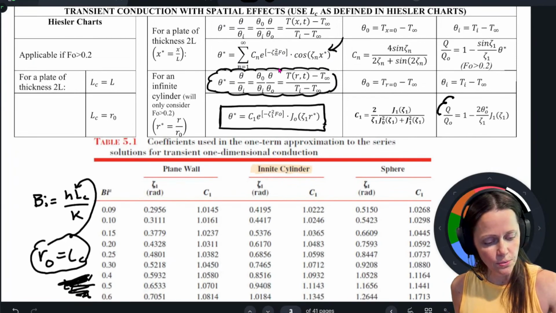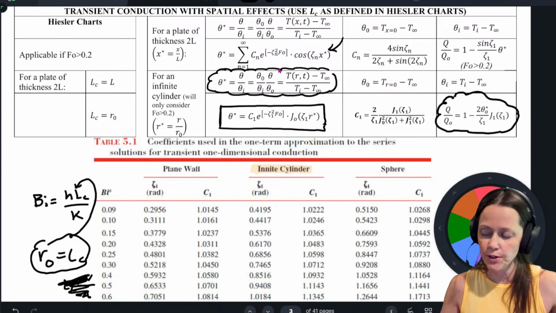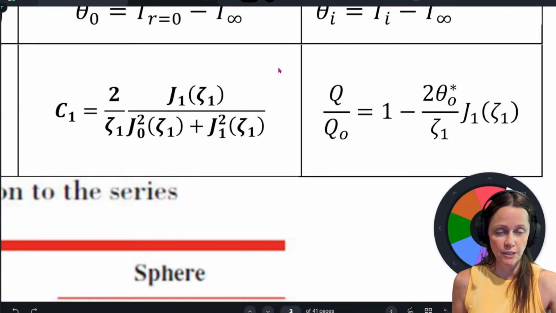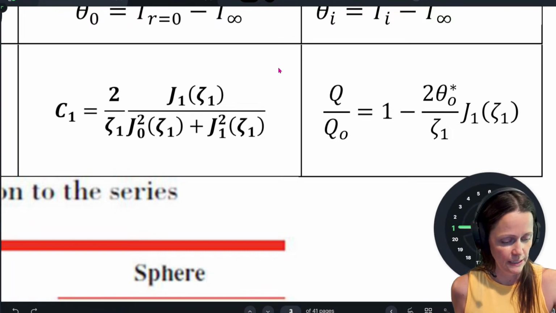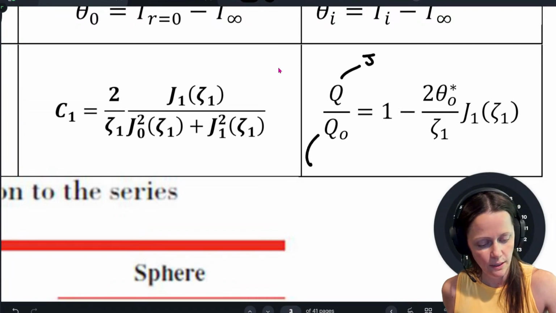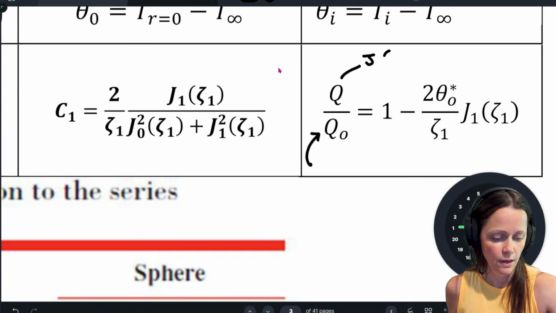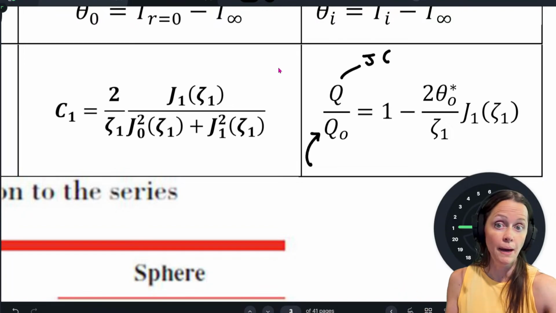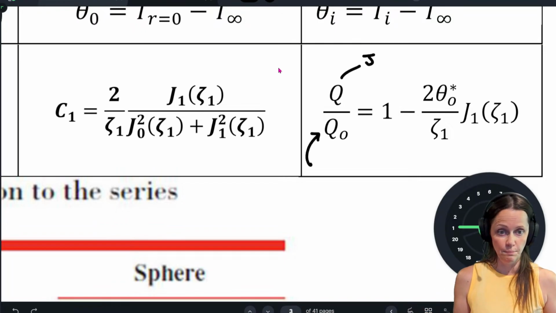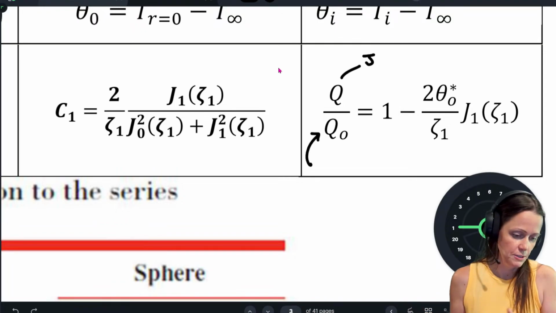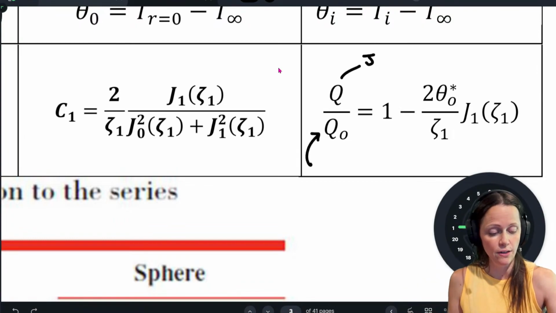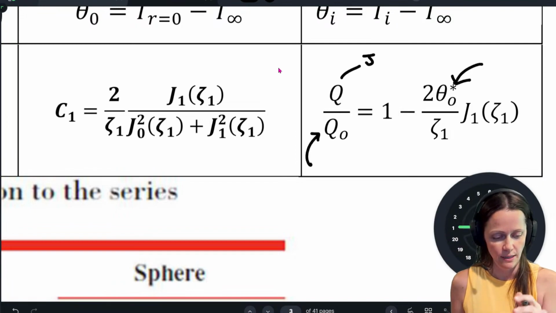There's also this equation over here, Q over Q naught. The last problem we do today, we're going to use this equation, so we'll get a chance to practice using it. This is going to be in joules. Q is the amount of heat that's transferred over a certain time period, and the time period that you're accounting for is accounted for with this theta star.